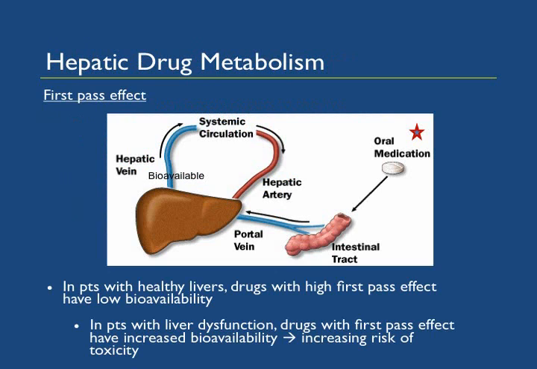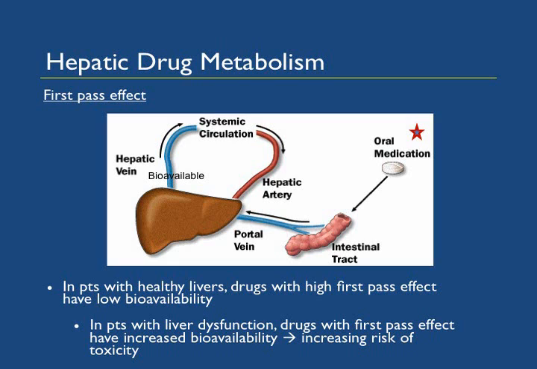The first consideration is first-pass effect. After a drug is swallowed, it goes through the GI tract, then through the portal vein into the liver, then enters the systemic circulation through the hepatic veins. The proportion of the drug that actually enters the systemic system is what is considered bioavailable.